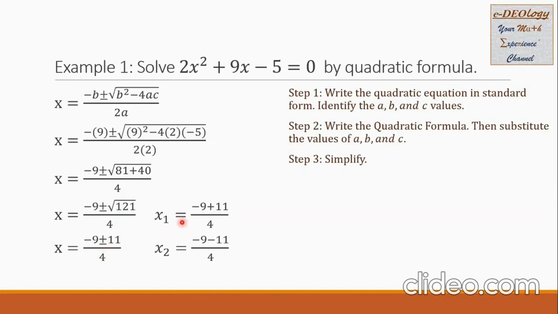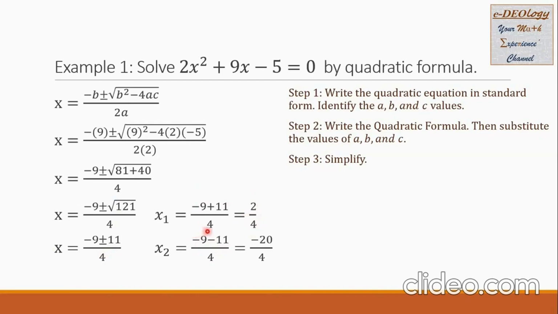The x sub 1 is equal to, we will use first the plus sign. So −9 + 11 all over 4. For the x sub 2, the negative sign will be used. So −9 − 11 all over 4. Then let us simplify both. −9 + 11 equals positive 2 over 4.